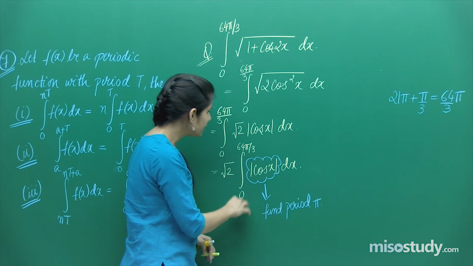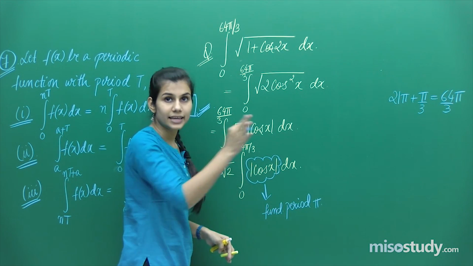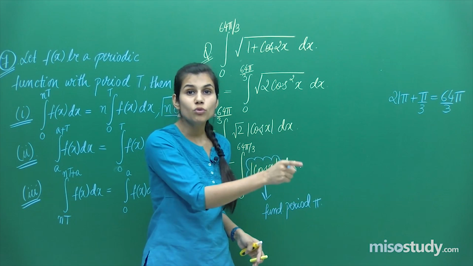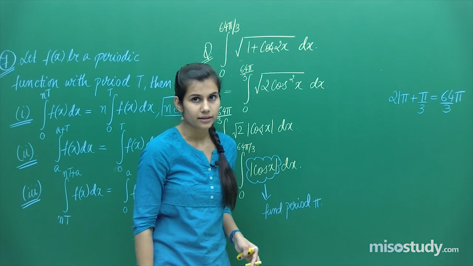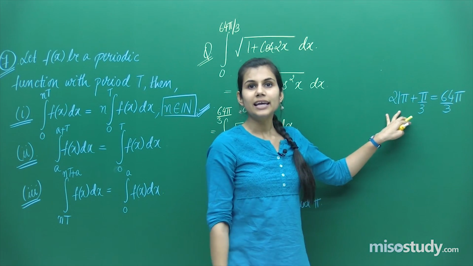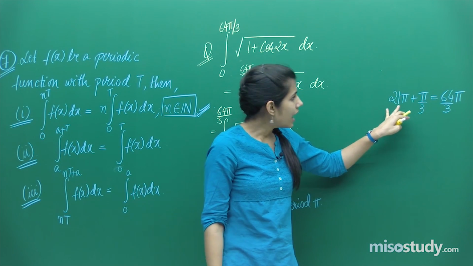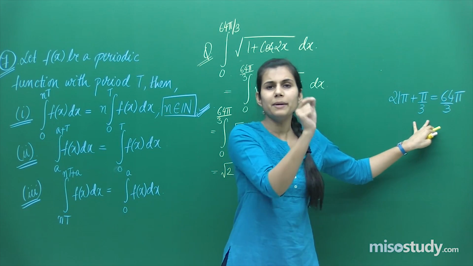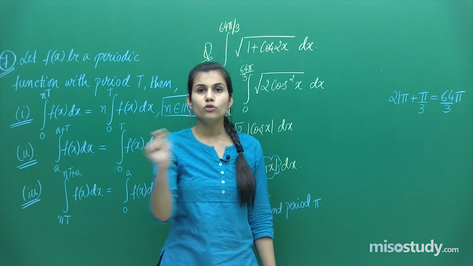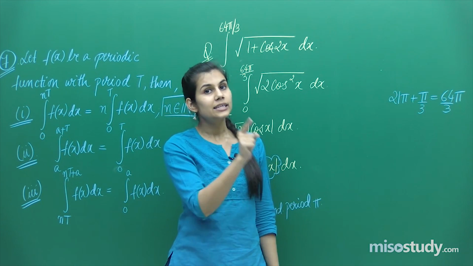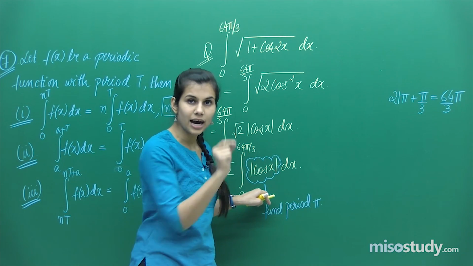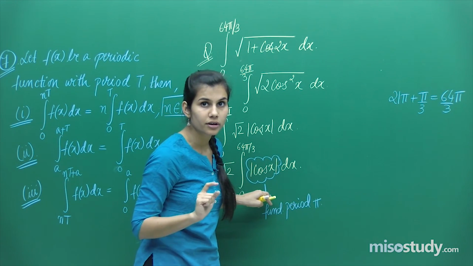Mod cos x from 0 to 64 pi by 3, if it is ranging, that means from 0 to pi, pi to 2 pi, 2 pi to 3 pi and so on, 20 pi to 21 pi. Till 21 pi, there are 21 cycles getting completed. After that, it is travelling for pi by 3 units more. Are you understanding? From 0 to 21 pi, 21 cycles are getting completed by mod cos x. After that, it is travelling pi by 3 more, right?